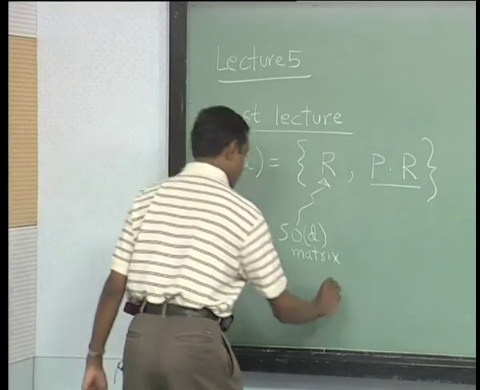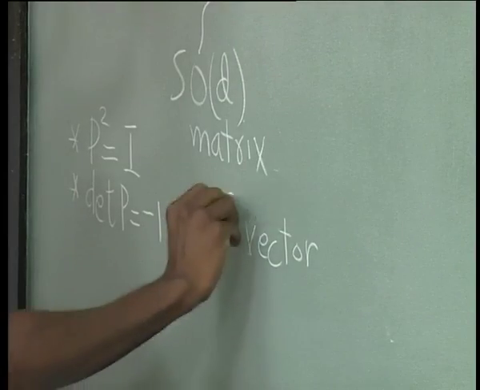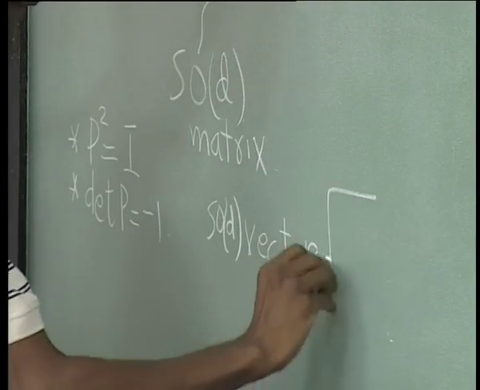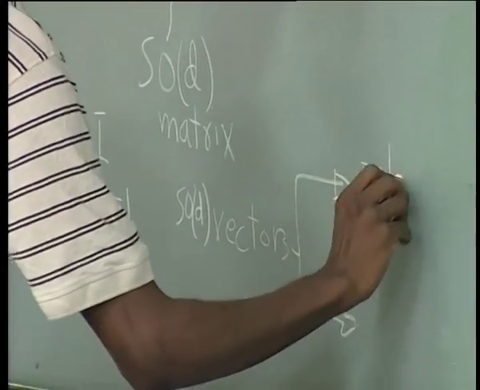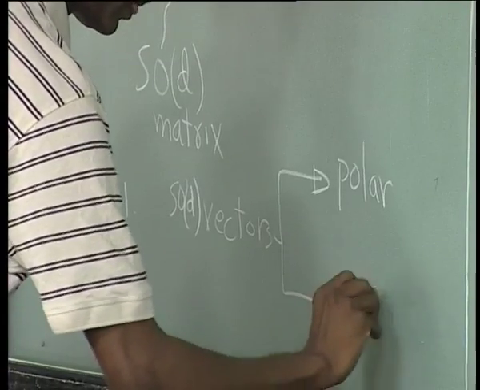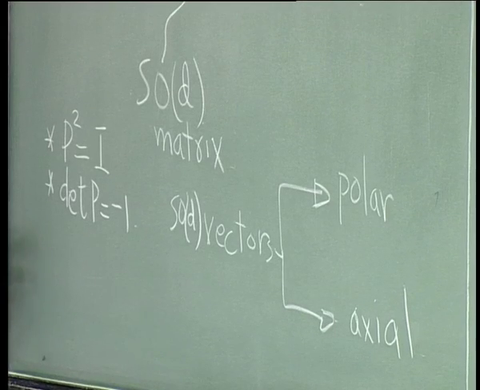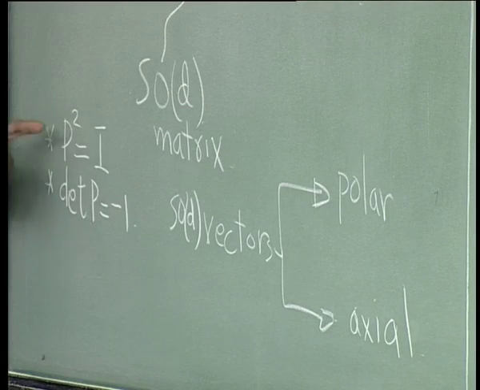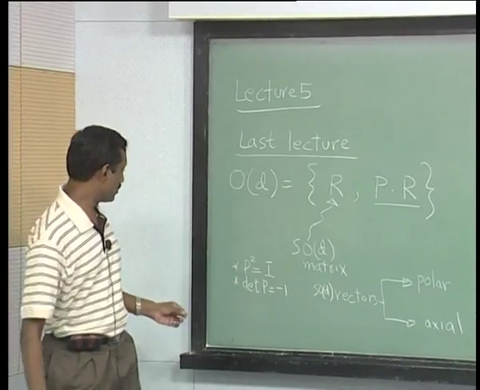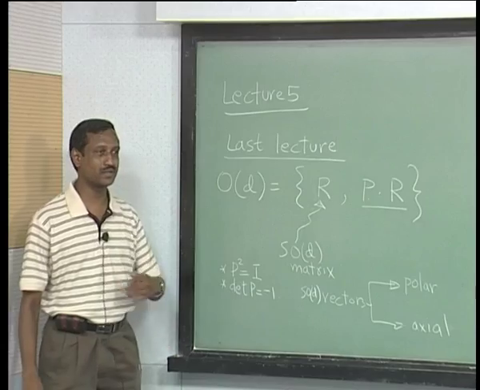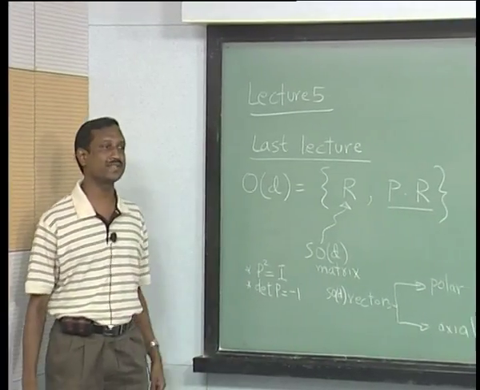So we saw, for instance, if you take vectors, SOD vectors, you classify them into 2 kinds, polar and axial, depending on how they transform under P. Quite often we will see such discrete groups. By discrete groups, I mean a group which has a finite number of elements. We will be discussing it maybe later in today's lecture, or maybe in the next lecture.